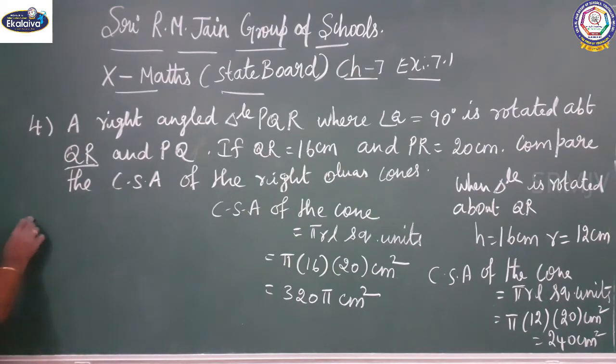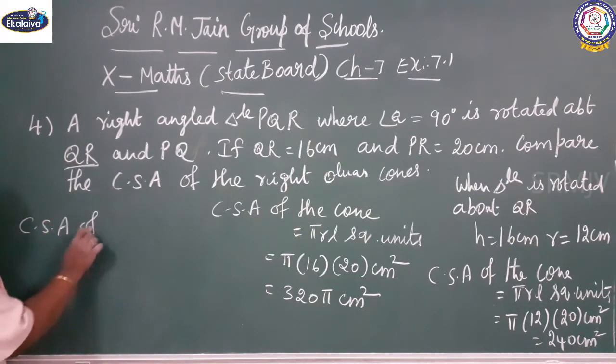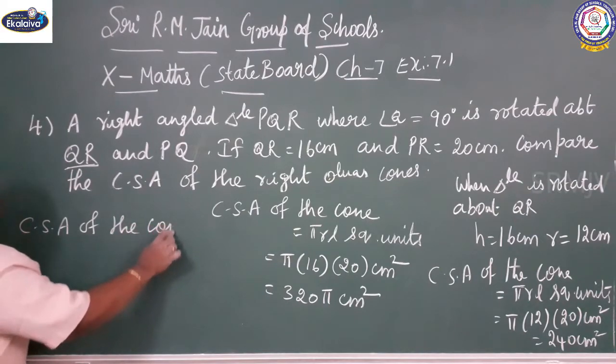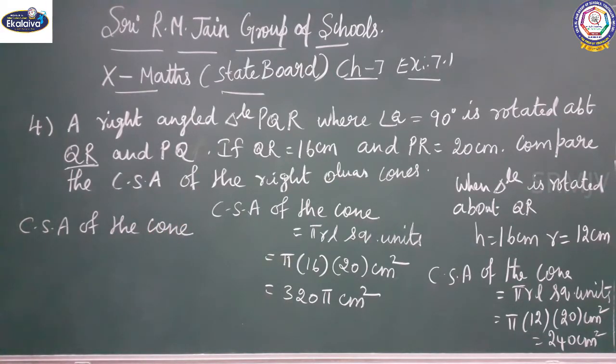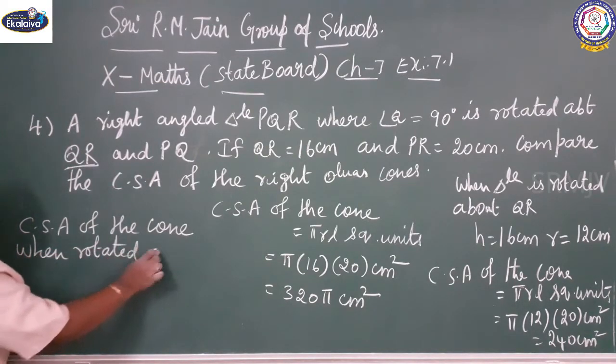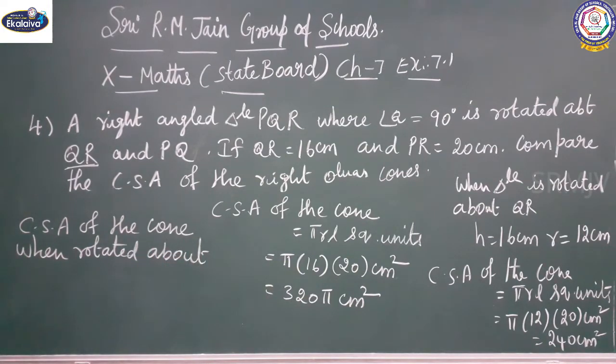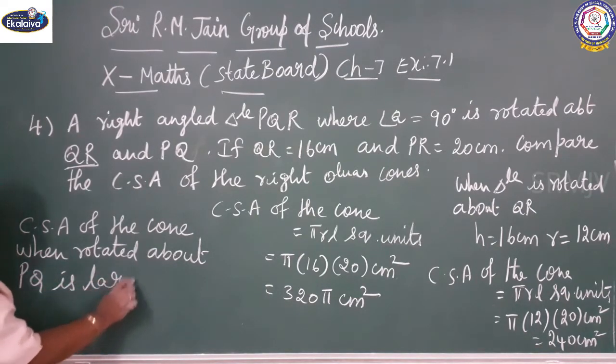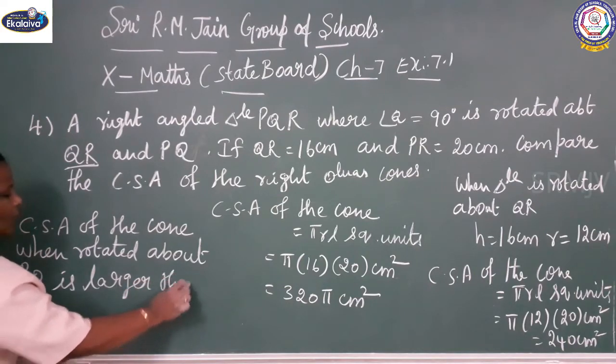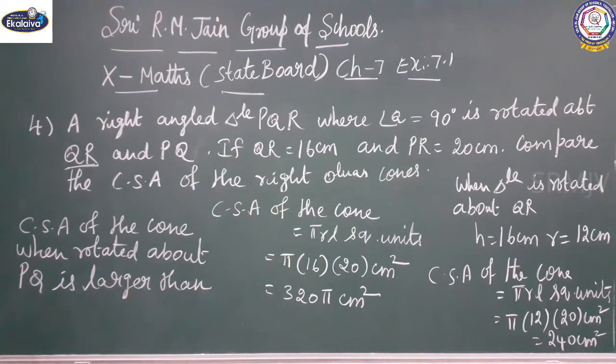So the curved surface area of the cone when rotated about PQ is larger than that of QR.